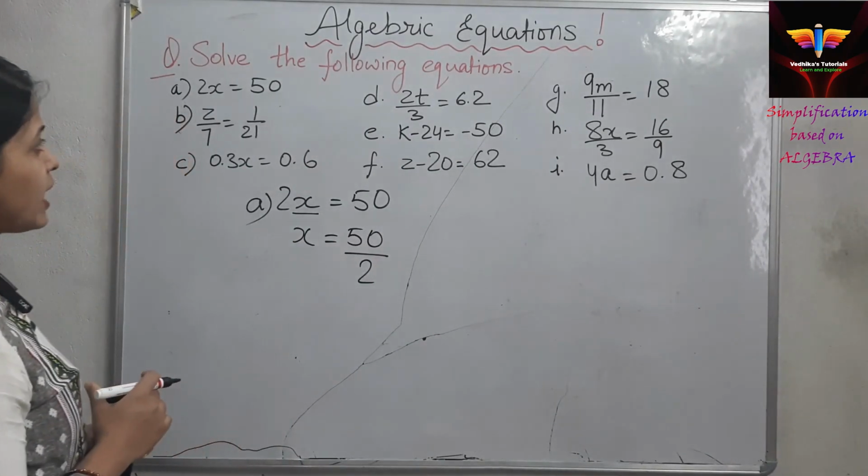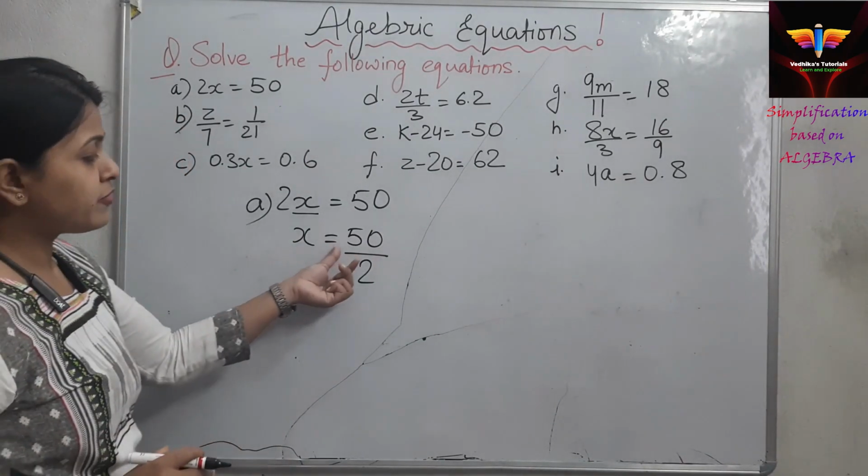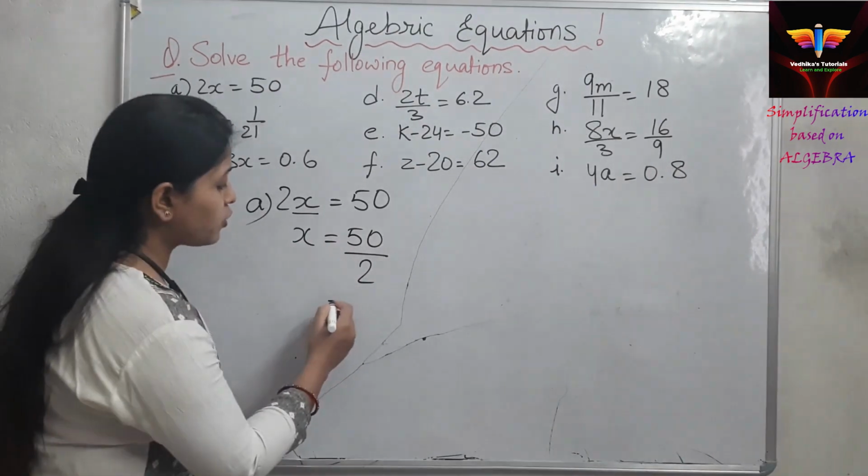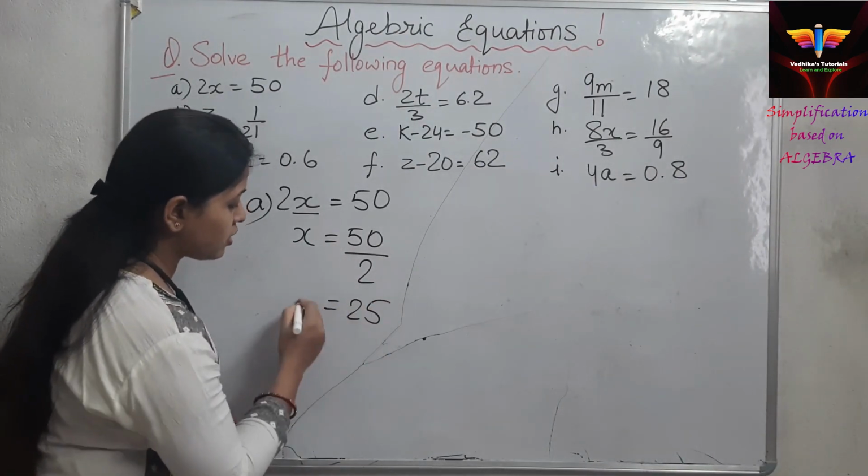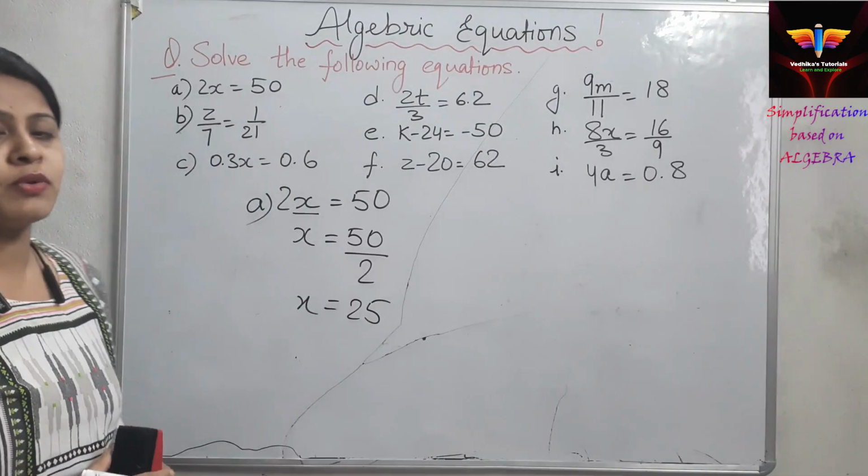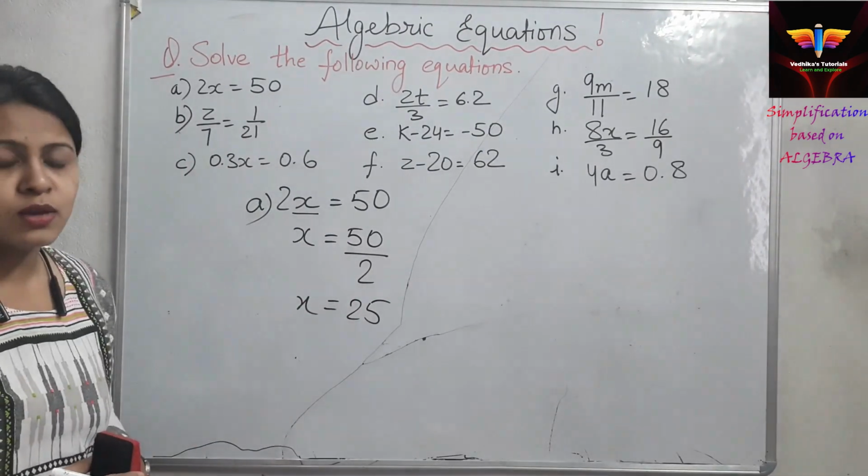Now the value of x will be what? When we divide 50 by 2, our value is 25. So x is equal to 25. So this is an easy question.